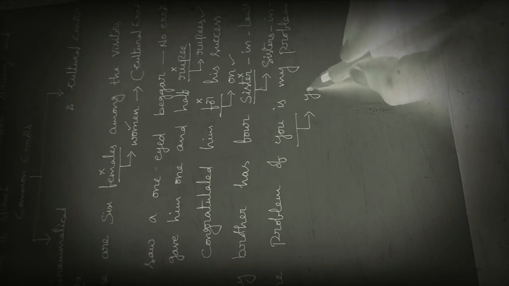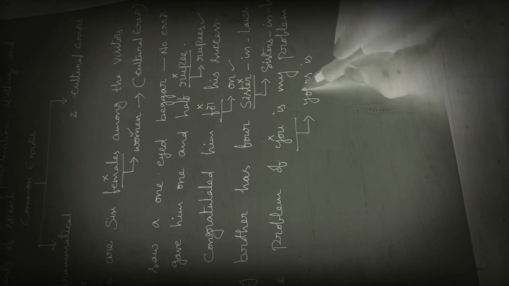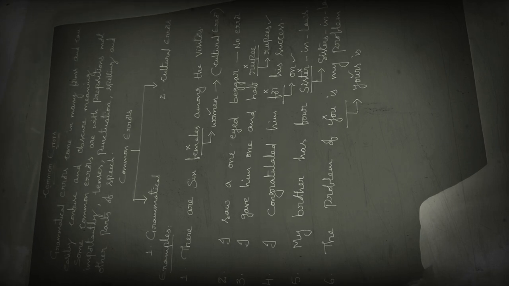Instead of you, we should write yours, but not you. Yours is the right one. The problem of yours is my problem. These are very common errors, and it is very important to correct them.